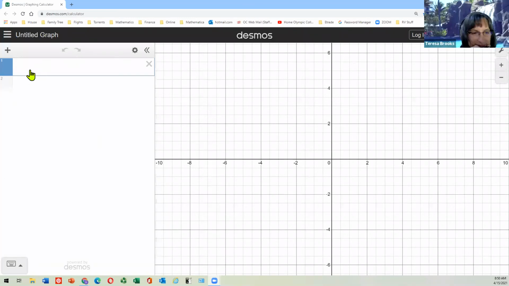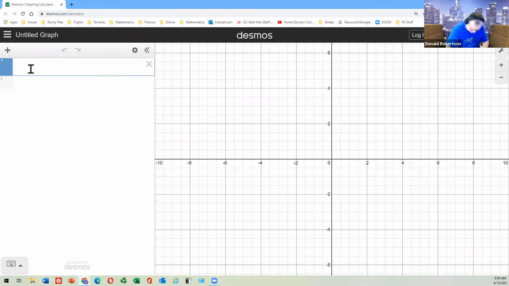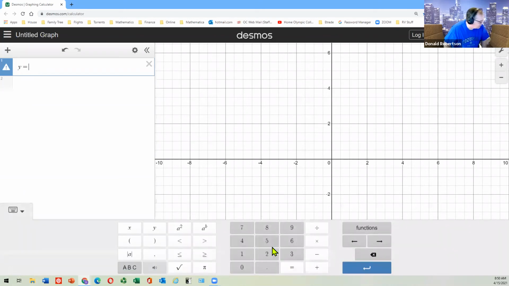Oh God, do you know the number of times this doesn't work when I do it? It's scary. Right, so it's going to be y equals, and my little guy here. Okay, so you go x, you hit the division button and it makes it a fraction. That's what goes on there.